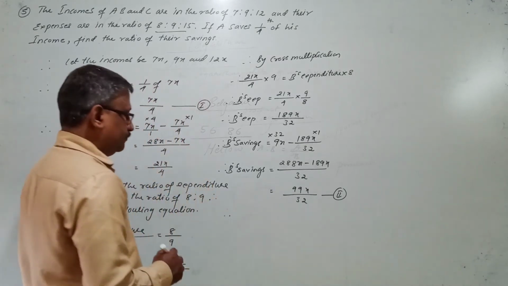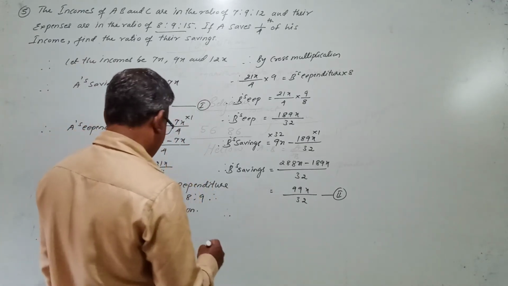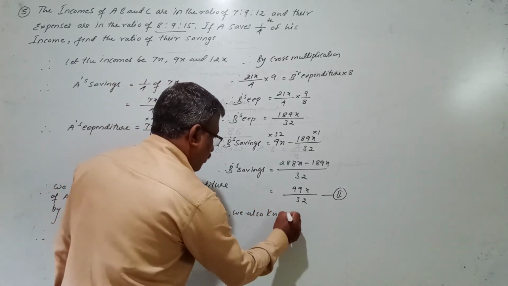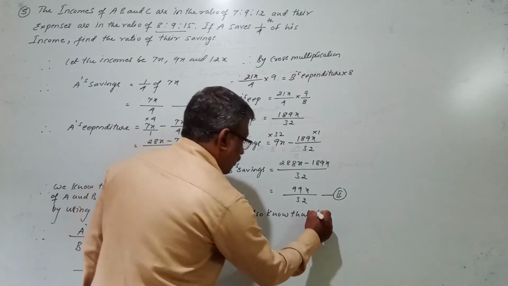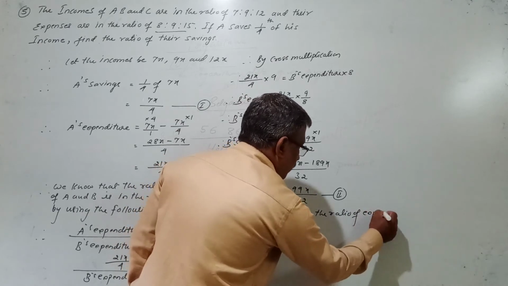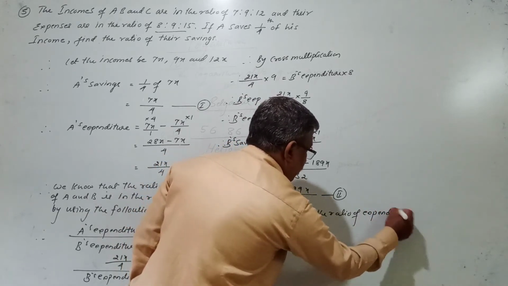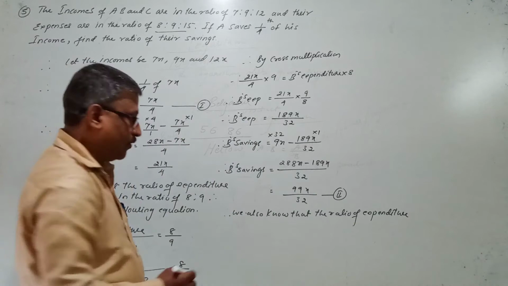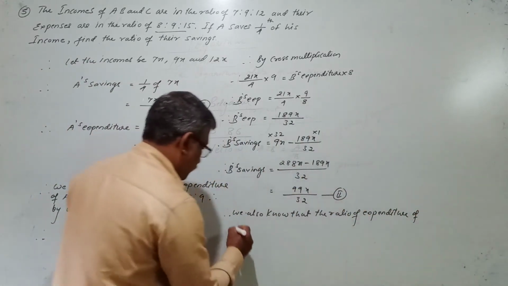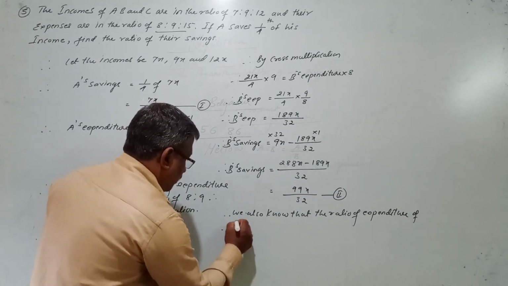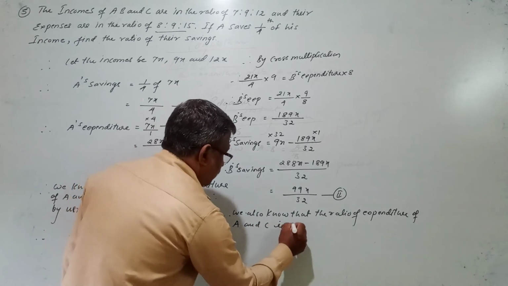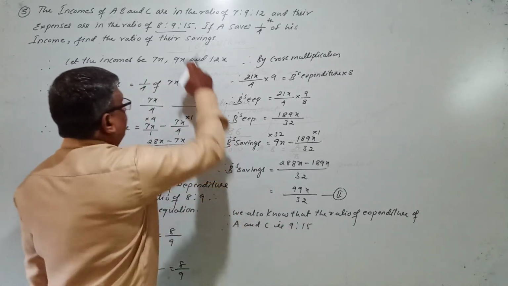So here you write, we also know that the ratio of expenditure of A and C is 9 is to 15.